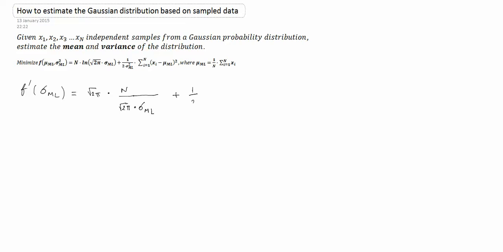So I'm just going to write them right away to avoid any unnecessary complications. xi minus mu ml squared. Good. And this is multiplied by the derivative of sigma ml to the power of minus 2, which is minus 2 multiplied by 1 over sigma ml.